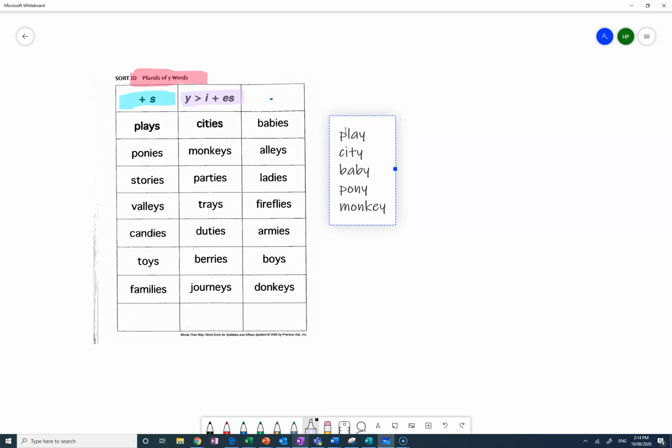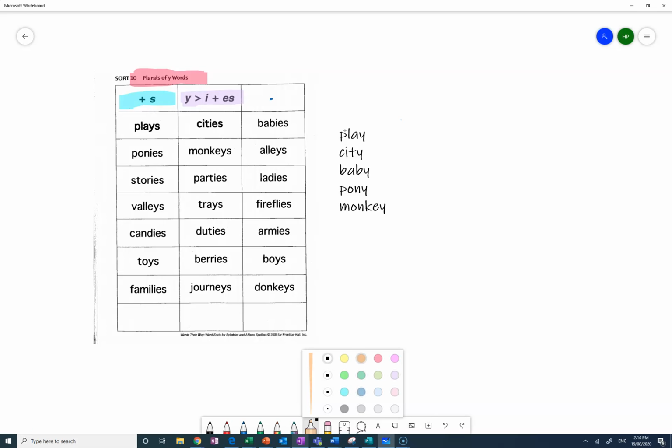All right, so if you've pressed play again, that means that you have written down all of your base words. Now, the reason I asked you to do that is so we can look at some of the spelling patterns in the base word, because that is going to tell you when you need to add an S or when you need to drop the Y and add IES. So what I want to do now, I'm going to take a different color highlighter because I'm not color coding at the moment.